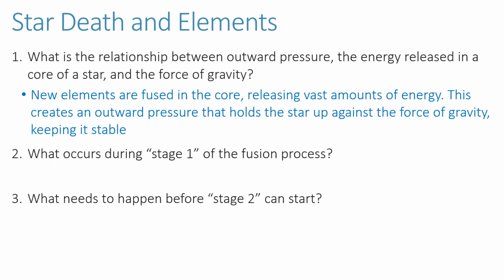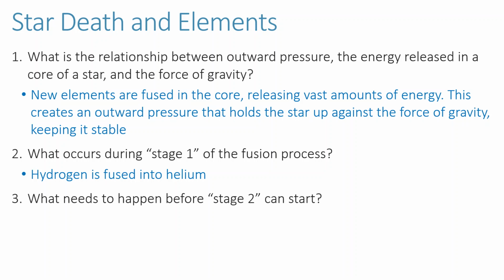So stage one of the fusion process is where hydrogen is being fused into helium. Hydrogen atoms have a proton and an electron. If you try to push together two protons, two positive charges, they're going to repel each other.